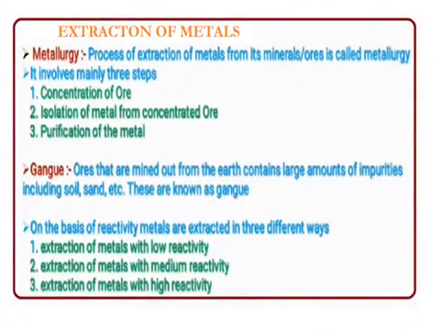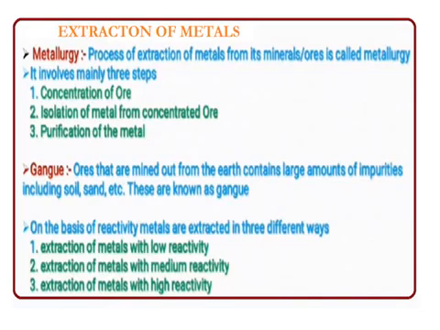This slide gives you the important definitions of some terms which we commonly use in the extraction of metals. Metallurgy: the process of extraction of metals from their minerals or ores is called metallurgy.